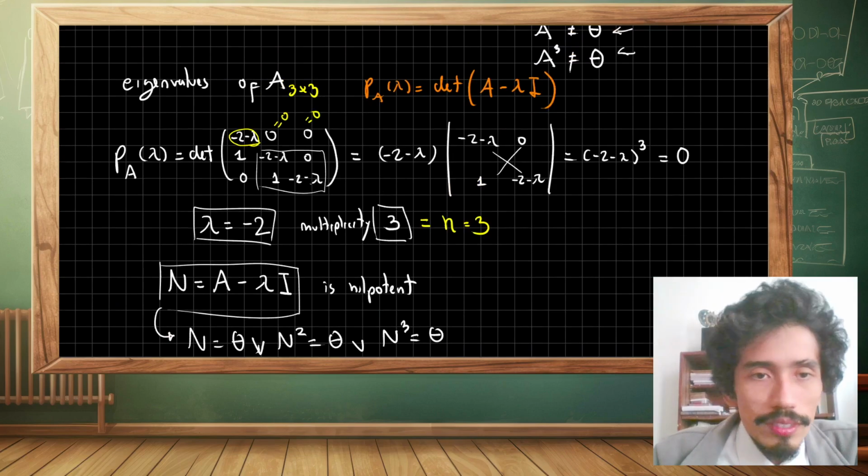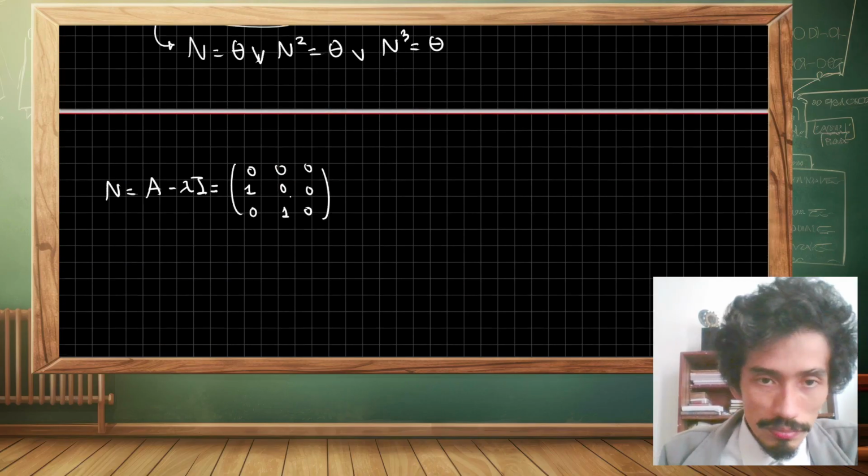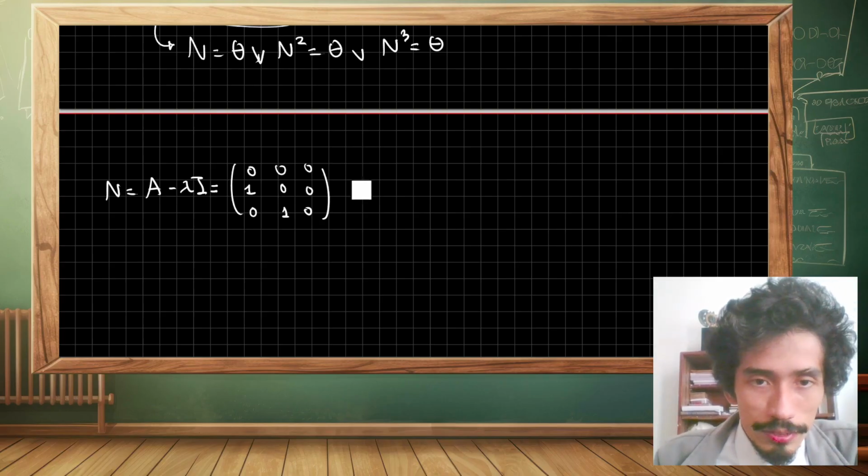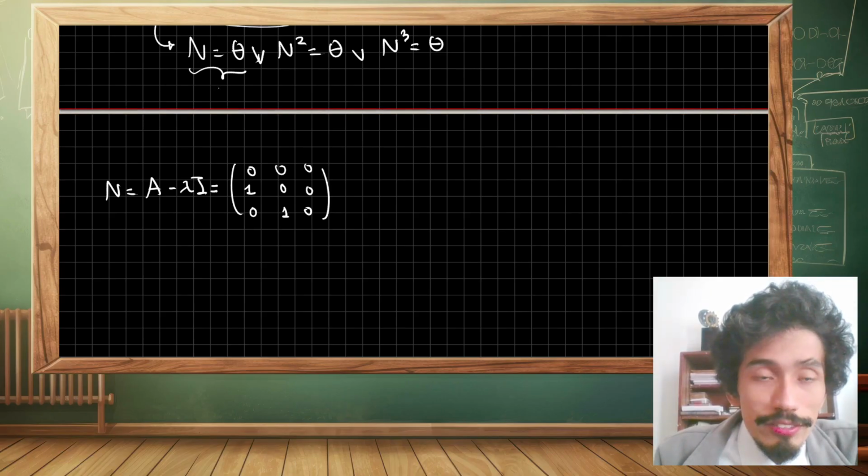So you replace this. This is equal to A minus lambda I. So when you replace this value, the diagonal will cancel. So this is our nilpotent matrix. It has a very nice form. You know that it's different than 0, so this case is wrong. We go to the following.